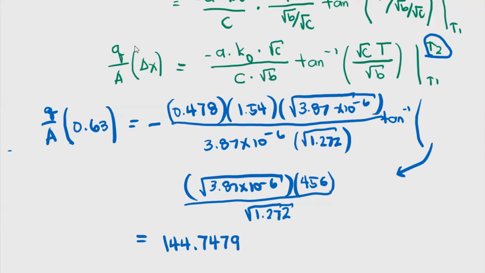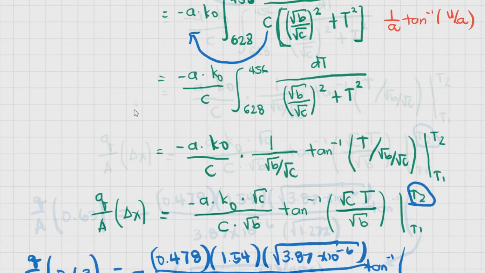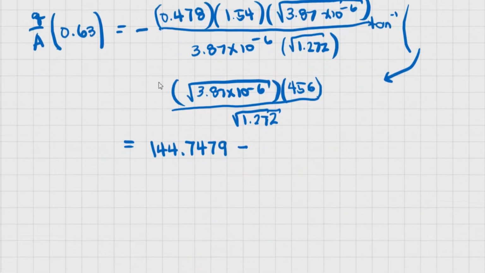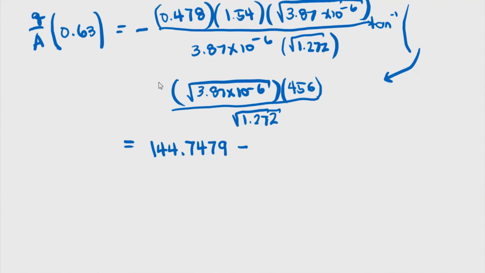And then for our higher temperature, which is 628, so we have 178.9947. So, remember, meron tayong negative sign dito.